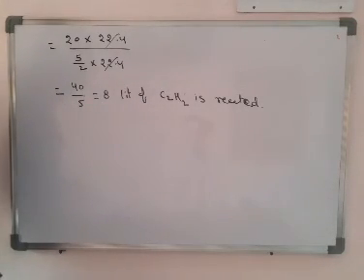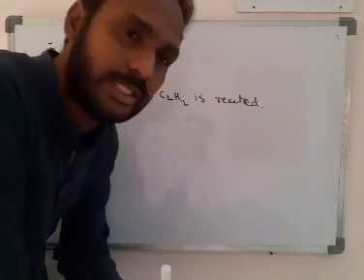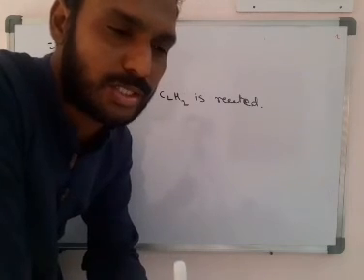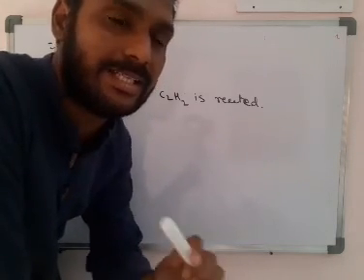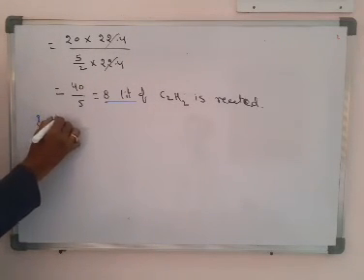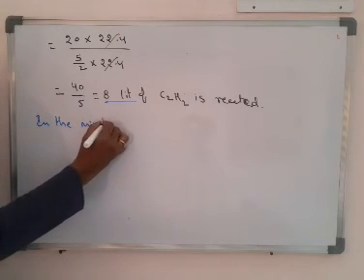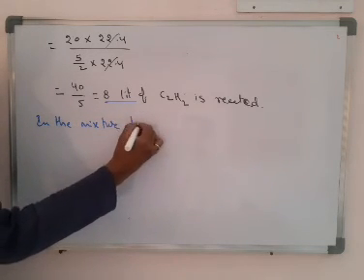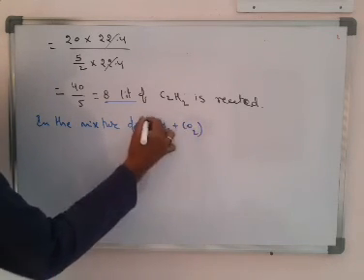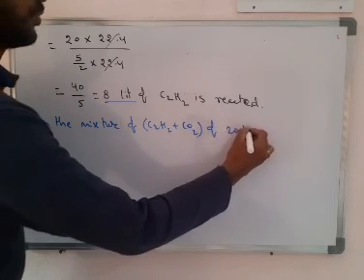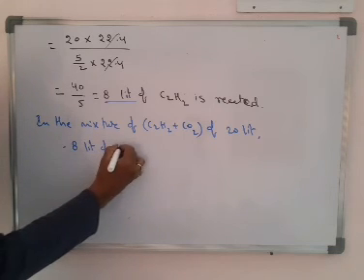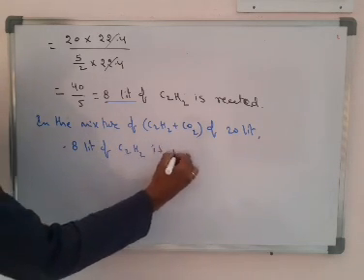So in the problem it is given 20 liters. The 20 liters of oxygen is used for how much acetylene? 8 liters of acetylene is there. Therefore, in the mixture of C2H2 and CO2 of total 20 liters, 8 liters of C2H2 is present.